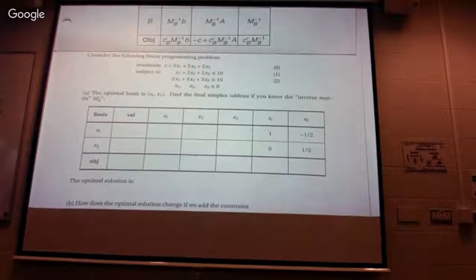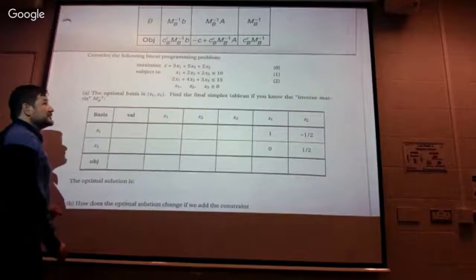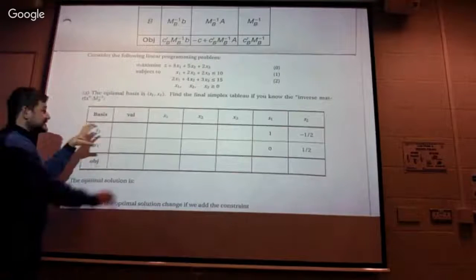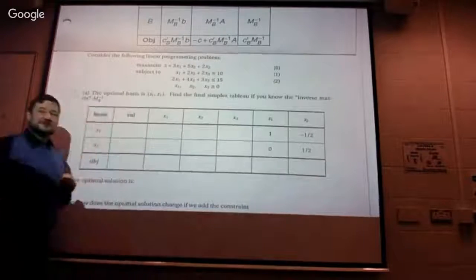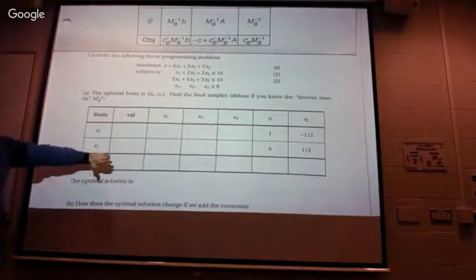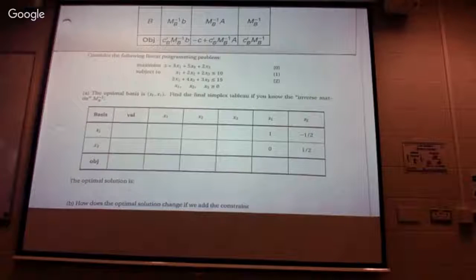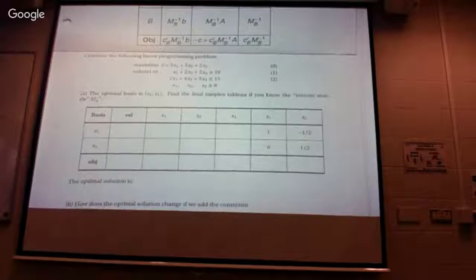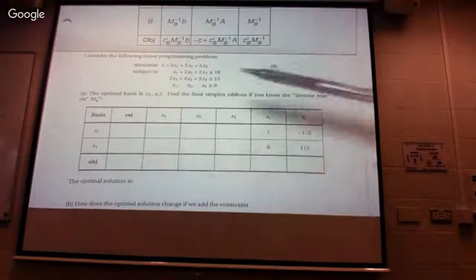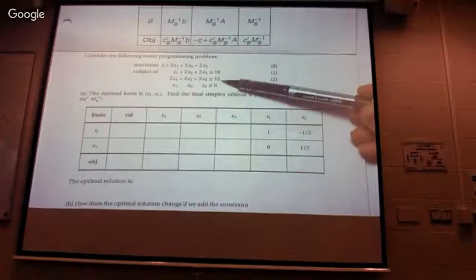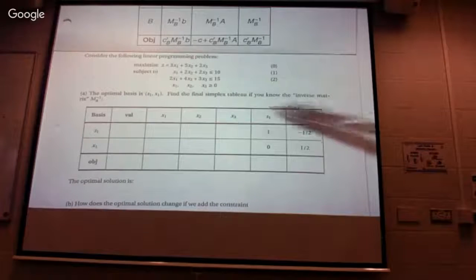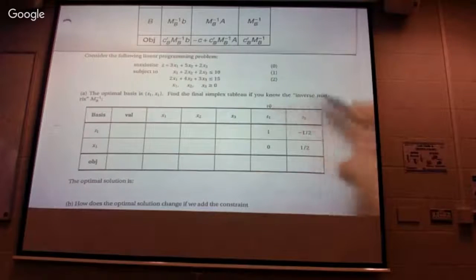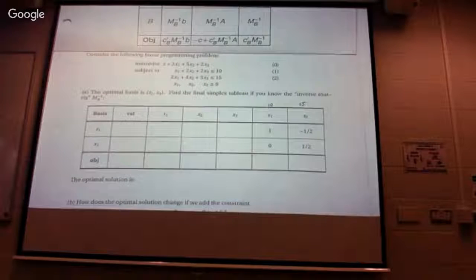So with that MB inverse, you can easily do the rest of the tableau here, ignoring the objective row for the moment. And where you do it is you look at if you want the val column, you look at 10 and 15, the right-hand sides over here, and you take 10 times this column, 15 times the second column, add them together.